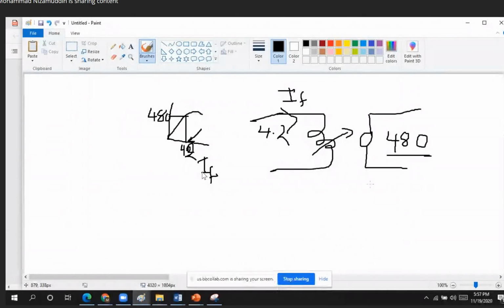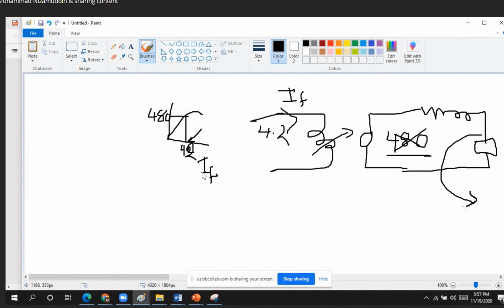Still you have output voltage, terminal voltage is how much? 480. Meaning that, look at this, you have a circuit here, RA and XS all given. Now you have a load. This is no longer E because terminal voltage is 480. This is Delta connected, that's why I'm writing 480. If it was Y connected, what would I have written? 480 divided by square root of 3.